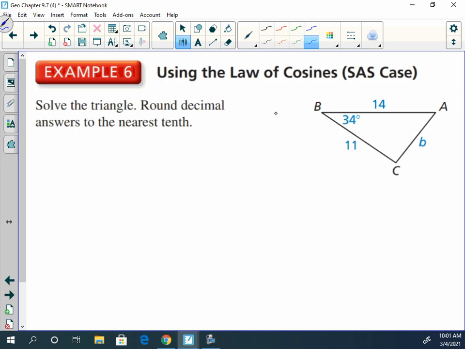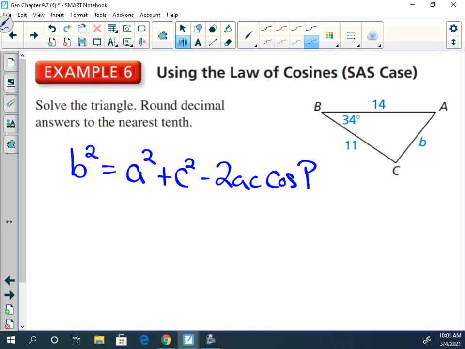So if I want to find side length B, according to our formula, B squared is equal to A squared plus C squared minus 2AC cosine of B. So this is the formula we're going to want to use.